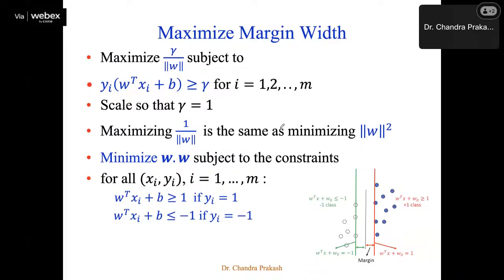So we can say over here that we want to scale this margin as 1, subject to the maximization of this particular equation. And maximization of this equation is the same as minimizing W square, which fulfills the constraints for all xi and yi.